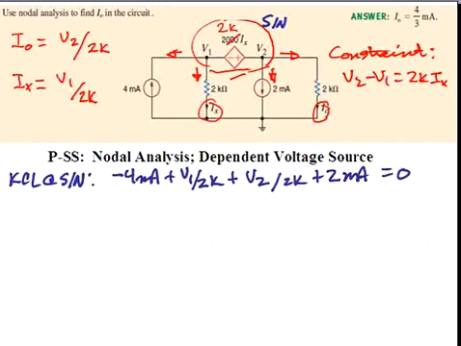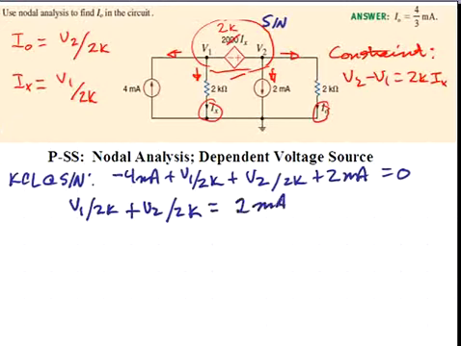So this gives us V1 divided by 2K plus V2 divided by 2K is equal to 2 milliamps.